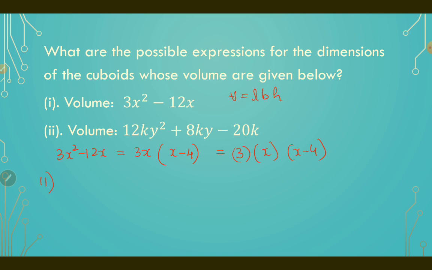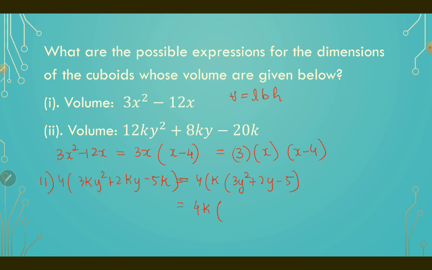The second part can be written as, when I take 4 common, this becomes 3ky² + 2ky − 5k, which is nothing but 4 into, when I take k common, I get 3y² + 2y − 5. I can split the middle term.